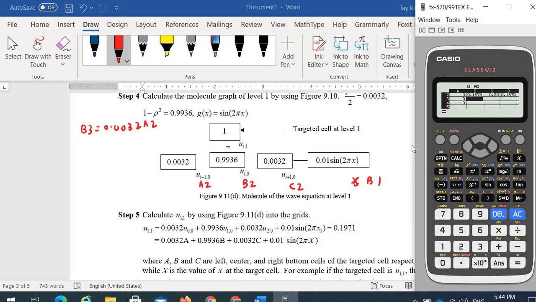Now row 3 depends on row 2, so A2, B2, C2.